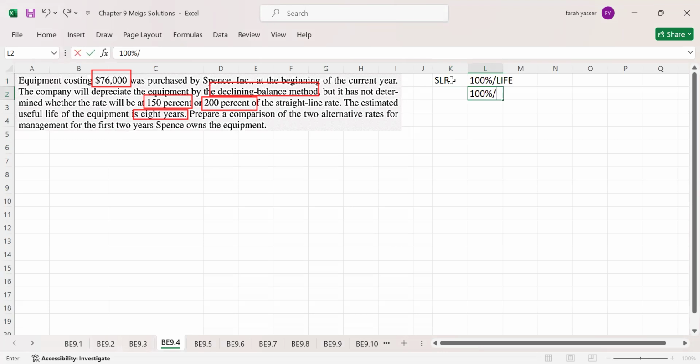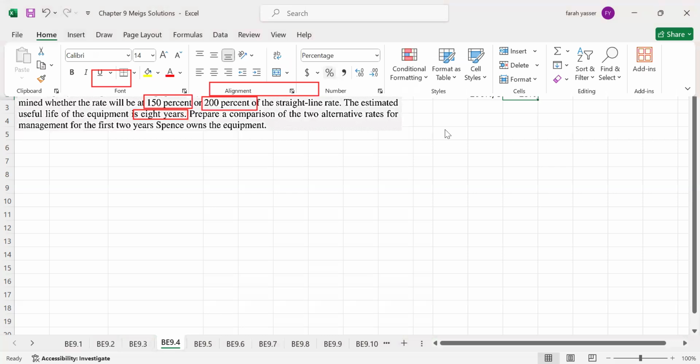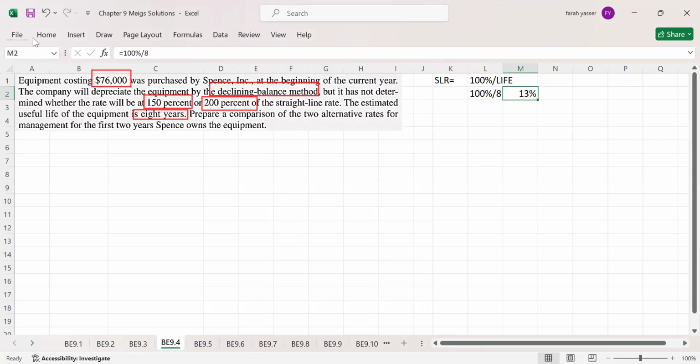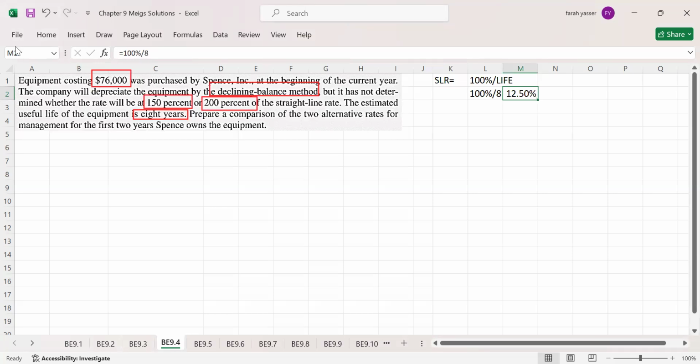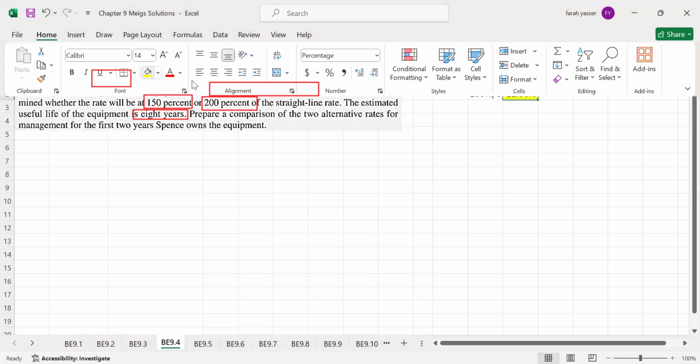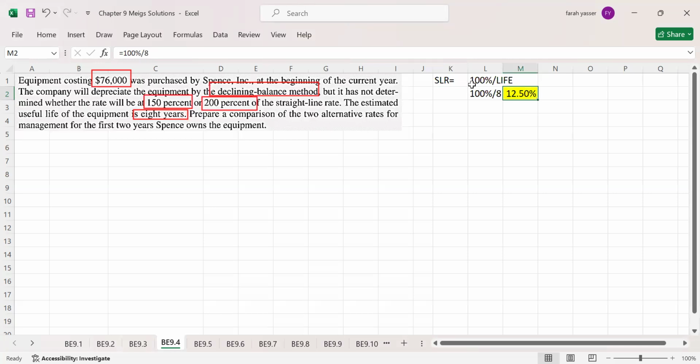In this case, useful life is 8 years, so 100% divided by 8, which is 0.125, or if we write it in percentage, the answer is 12.5%. So this 12.5% is our straight line rate.